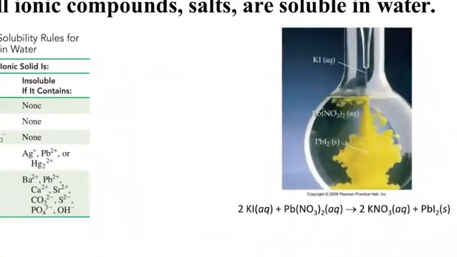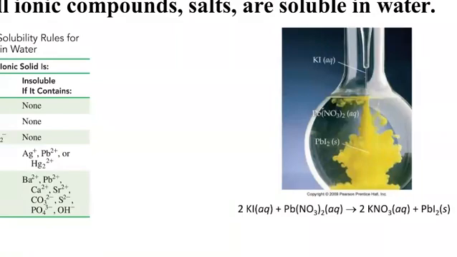One of the types of reactions that we recently learned in the previous chapter was a double replacement reaction. Like we see on the right side of the slide, we have potassium iodide reacting with lead-2 nitrate, forming potassium nitrate and lead-2 iodide.